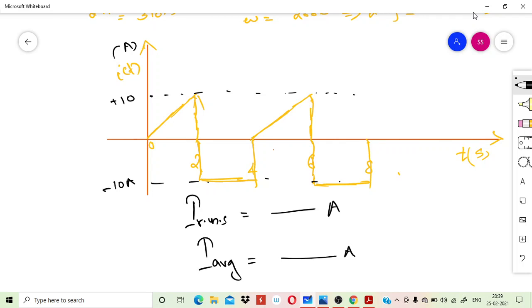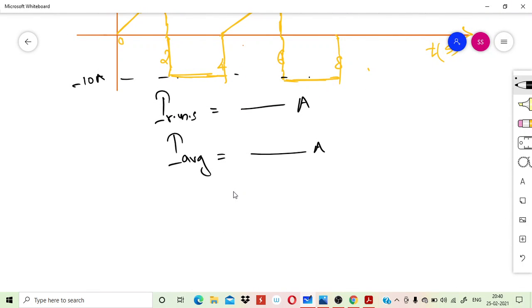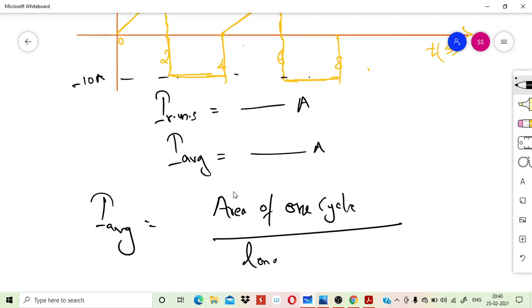First of all I am finding out the average value. Average value means I have the formula: I average is equal to area of one cycle divided by length of one cycle.